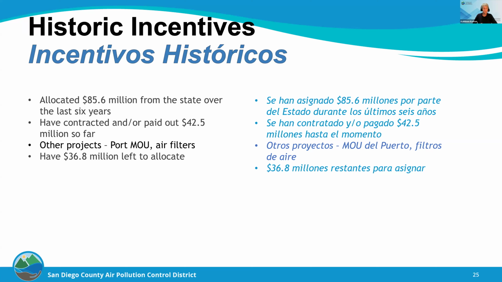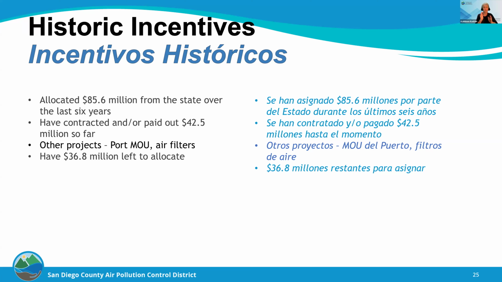To date, the district's been allocated about $85 million from the state over the past 6 years. We've committed almost 43 million of that to projects benefiting our AB 617 and disadvantaged communities. We've heard from the community that air filters are an important piece for both our portside and international border communities.